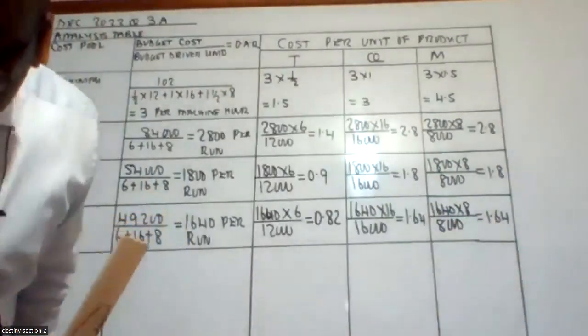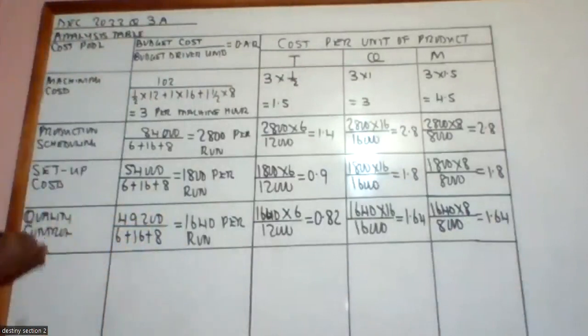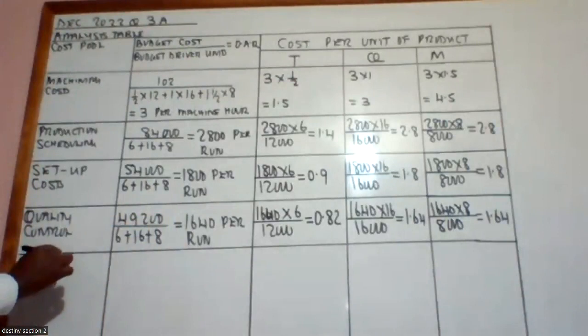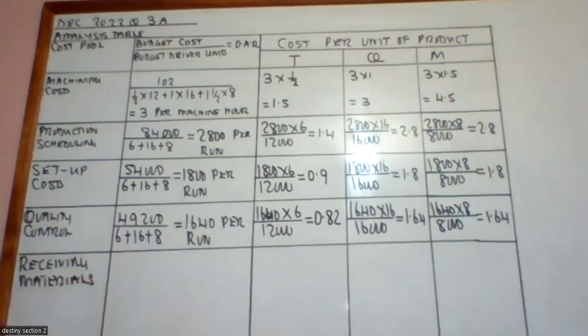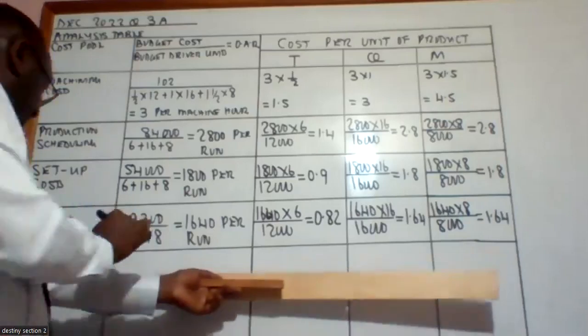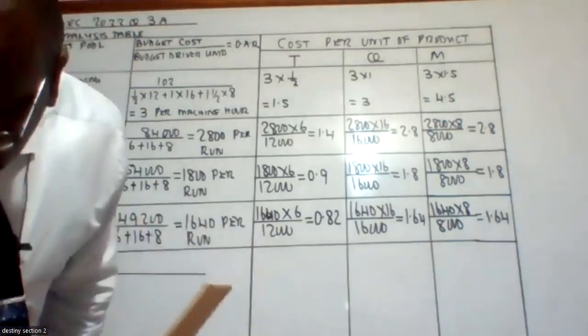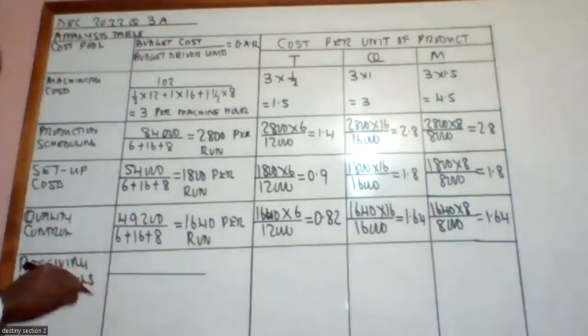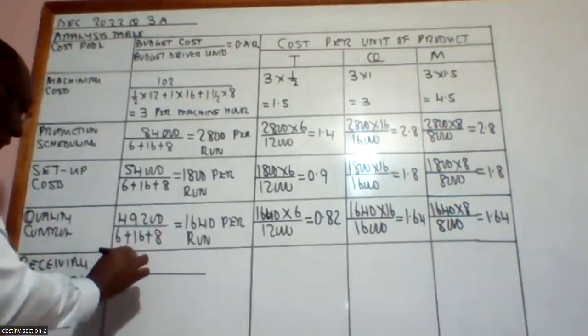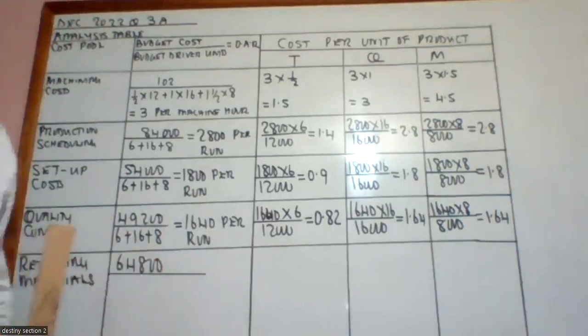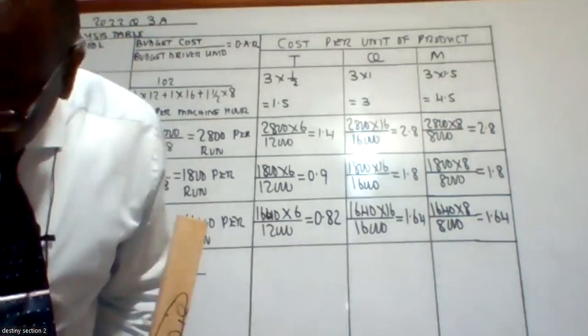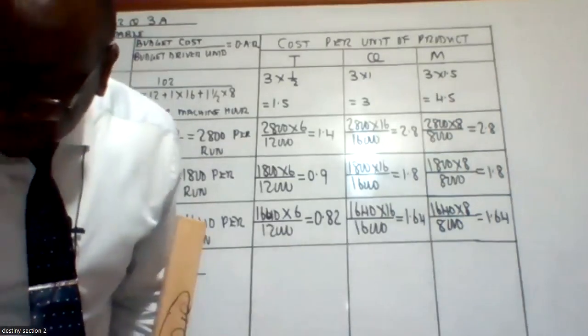Let us go to the next, which is receiving materials. The cost is 64,800. And this one, we are told it is driven by the number of component receipts.